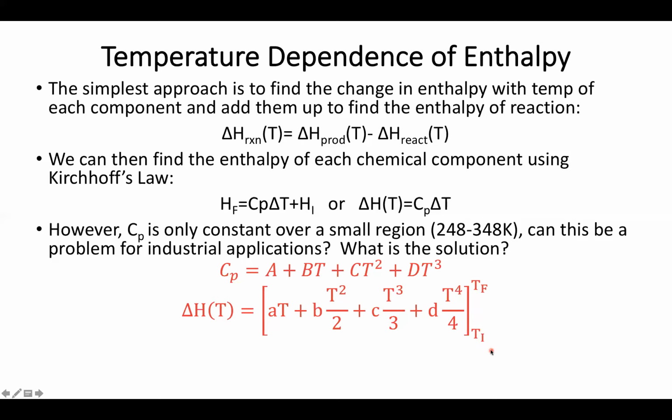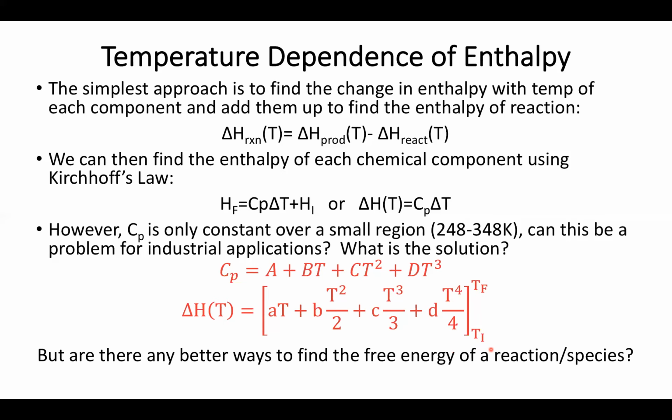So again, this whole process can be quite tedious, especially under fairly large temperature differences, where we may need to repeat this process with entropy as well as enthalpy. So again, one of the better ways to find how our free energy of reaction changes with the species ends up being making use of computer models.